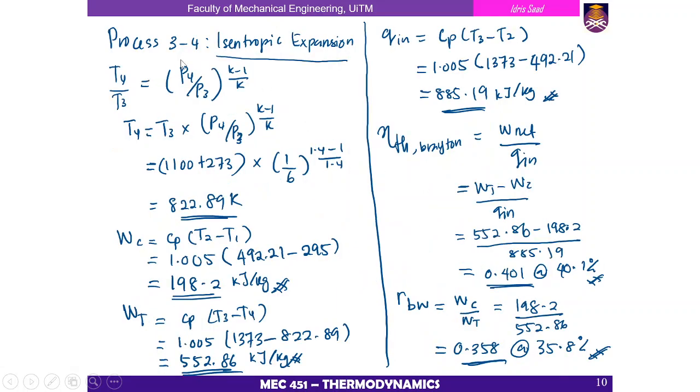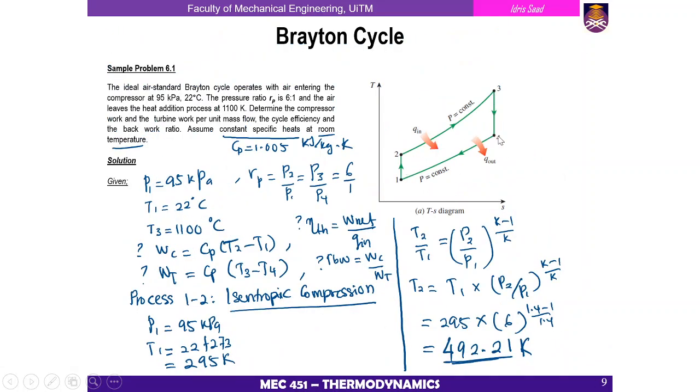Okay, so process 3 to 4. At point 2 we have the temperature here. As we want to know the pressure too, we can find it using the pressure ratio. The pressure ratio is 6 to 1, and this is the compressor, so P2 is 6 times P1.